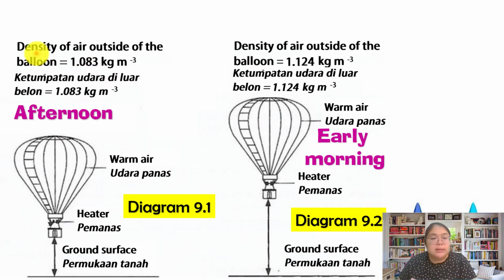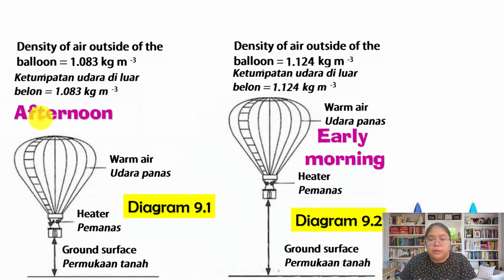Now we see the density. The density of the air outside the balloon is 1.083, that means the outside air. How about the early morning? In the early morning the density is a little bit higher, 1.124. So what's the difference?